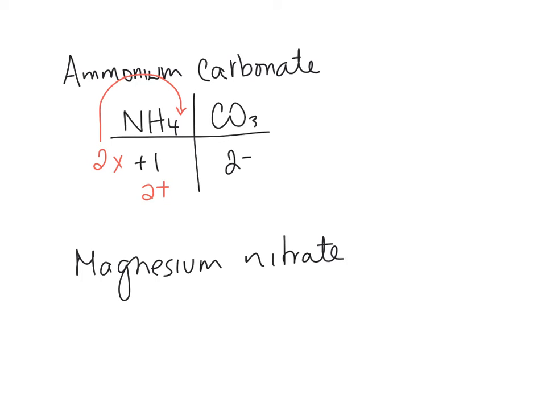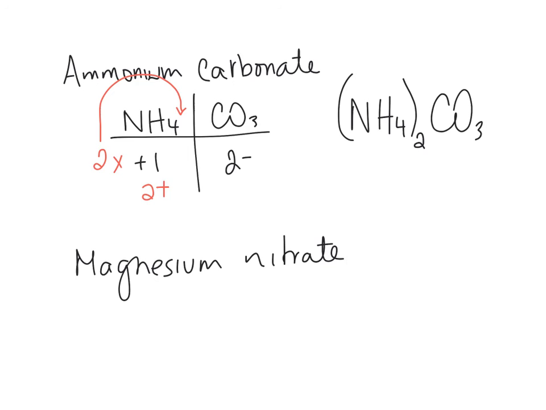However, you've got to put your polyatomic ion in brackets, then put the subscript in, because otherwise it's going to look like you have 42 hydrogens. So you put this in brackets and you put a 2. You don't have to put brackets around the carbonate because there's only one.